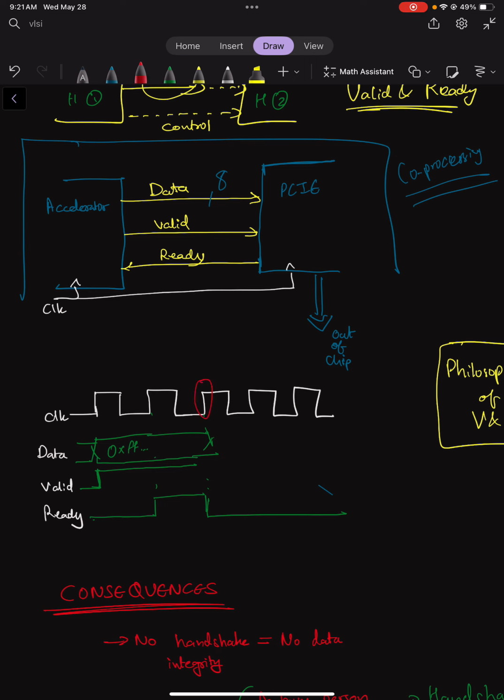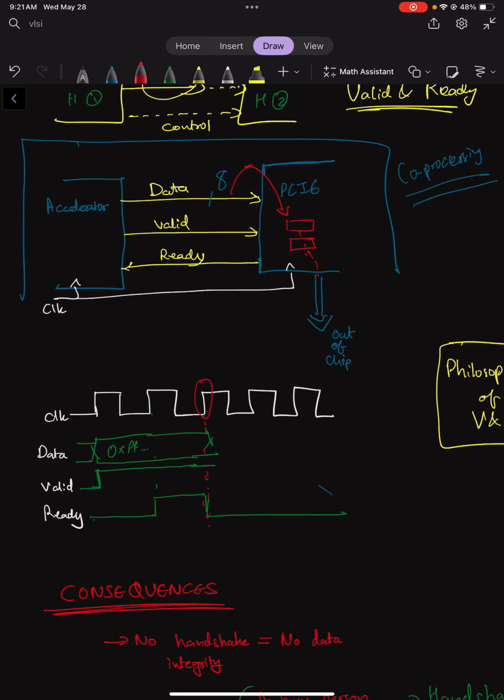At this clock edge, where both the valid and the ready are high, is when the data is taken from this bus and loaded into PCIe. And then from that point on, the data could travel through the PCIe pipeline to the outside of the chip. PCIe takes care of that, but we are just looking at the data exchange for now.